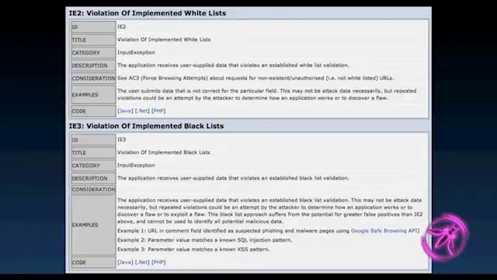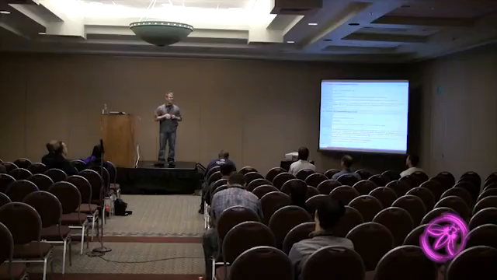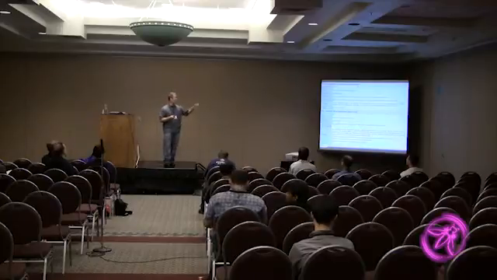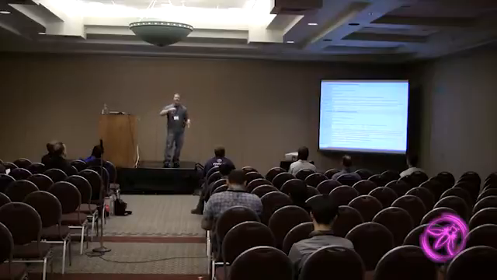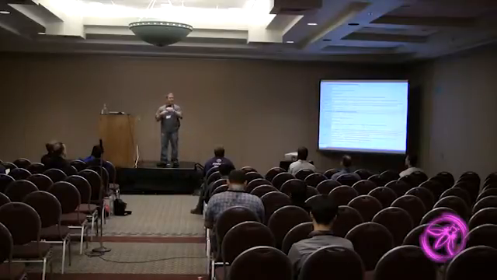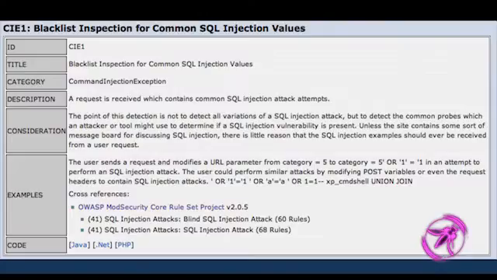The issue then is when you start to get into blacklists, like, okay, could you also go in and say, well, if you see any tick marks, just block it. That only really makes sense if you can't do a whitelist inspection. Now, taking this a step further, if you're going to talk about implementing AppSensor, we got another detection point.